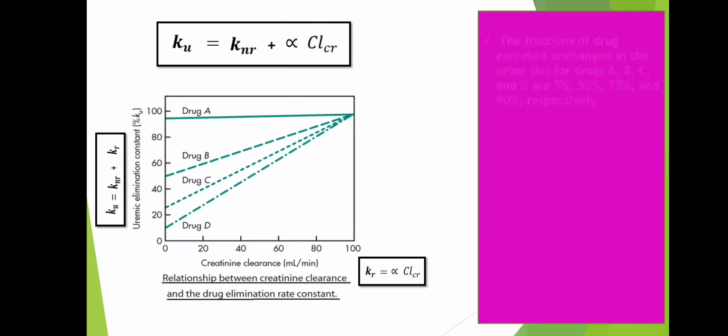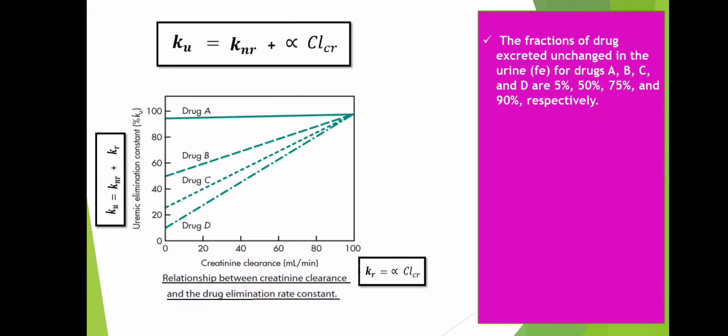Now you can check out the pink box. The first point is the fraction of drug excreted unchanged in urine, that is Fe. For drugs A, B, C and D, it is 5%, 50%, 75% and 90% respectively.